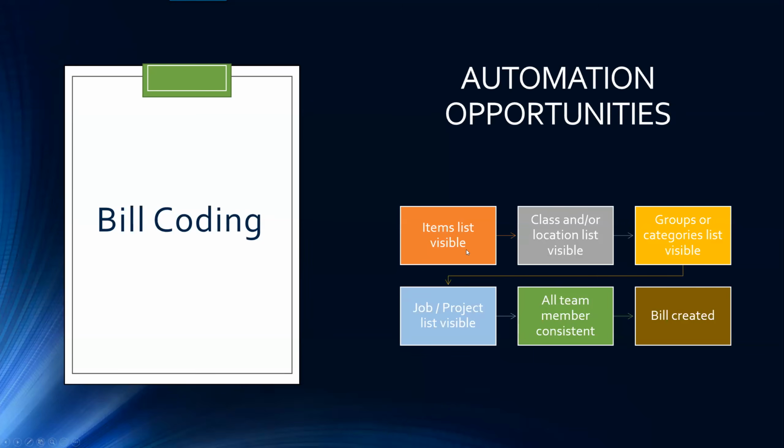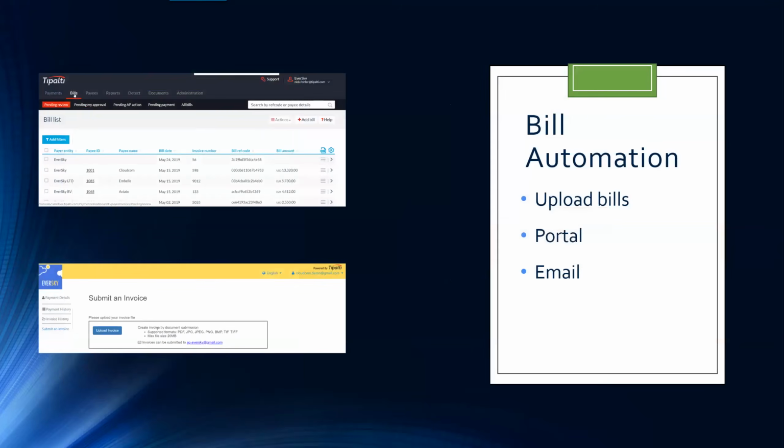Are you using item list and class and location list or groups or any type of categories? And then do you have jobs and project list, which can be viewed by all team members? So it's really important to be able to have this nice transparency, so that way the bill can be created and you've got some nice consistent reports for your jobs.